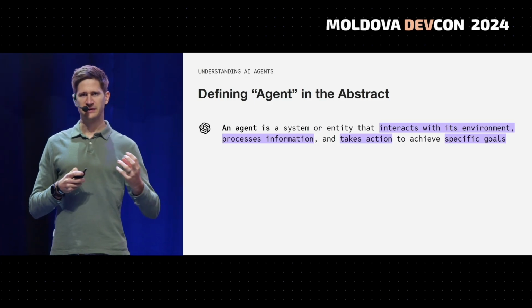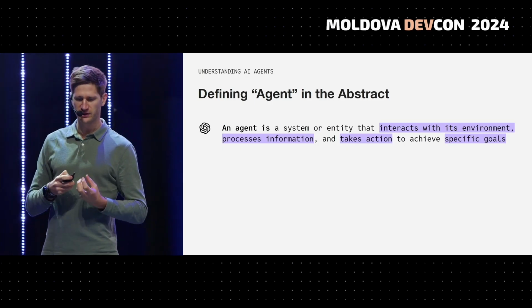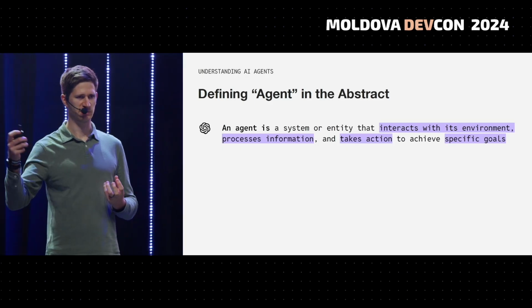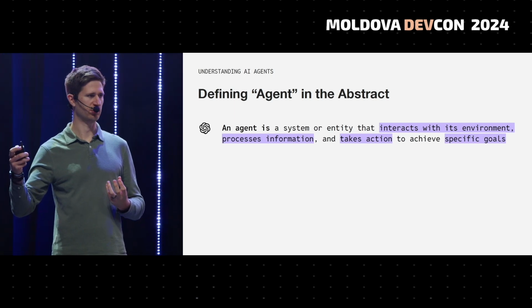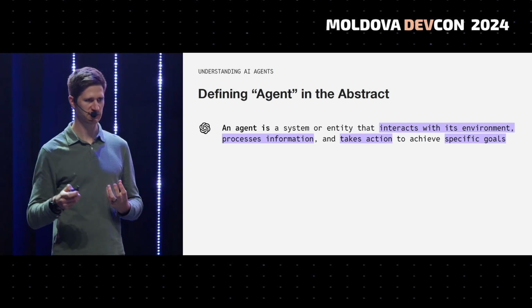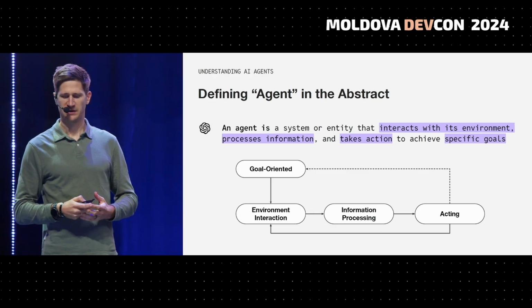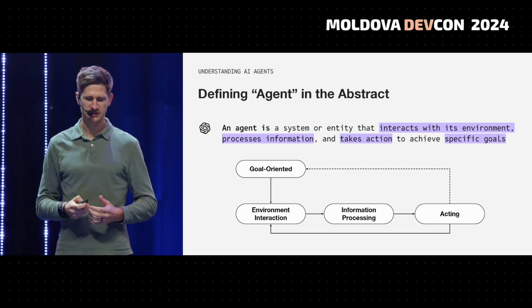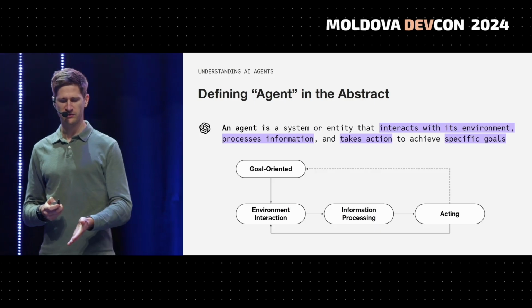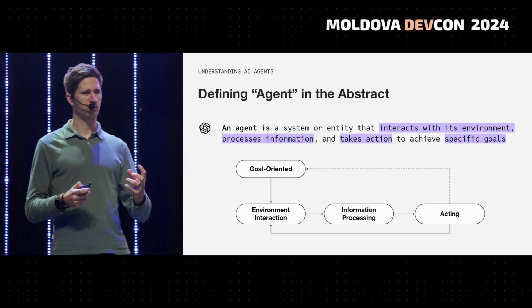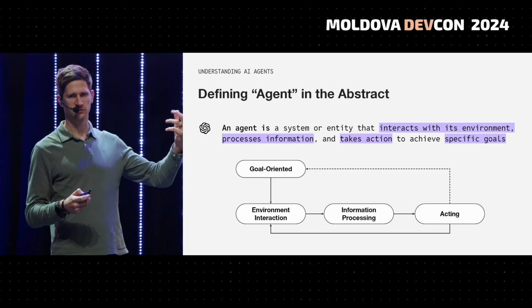And these things essentially play together in order to achieve a specific goal, which is fundamentally what agents are tailored towards. If we put this in a diagram, very simply, we get something like the following. We've got information, environment interaction, information processing and acting, and all of these things play together in order to achieve a specific goal.